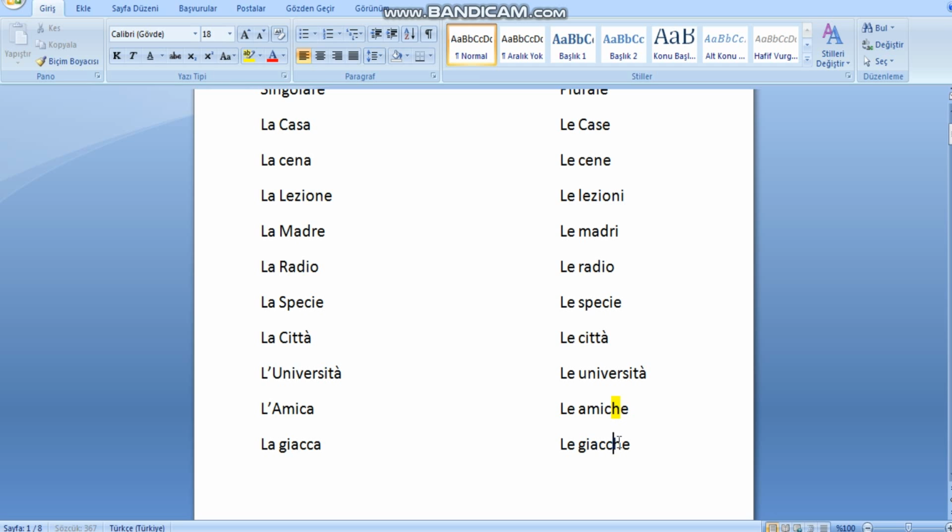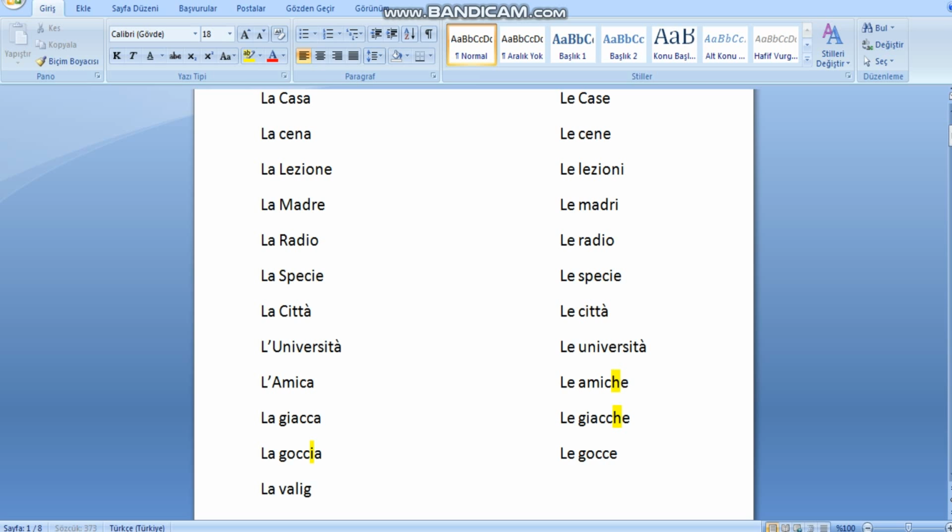Here again we use the letter H. La goccia becomes le gocce. So in this case we no longer use the letter I here. La lettera I non c'è più nella forma plurale. It falls. We skip it. Le gocce.